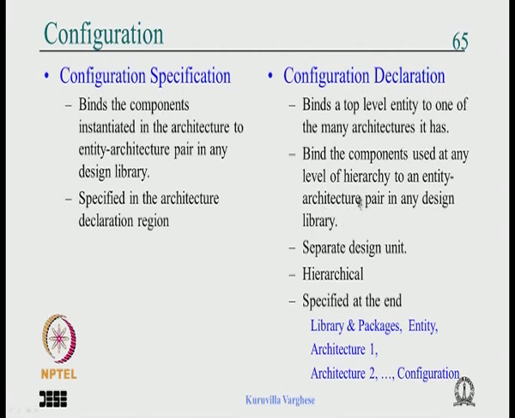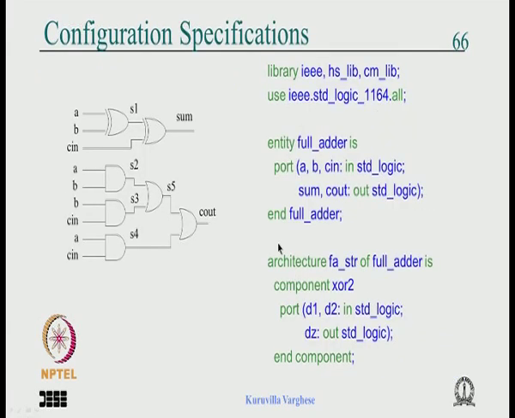So the configuration declaration specifies two things: which architecture to be used by the top level entity, and where the instantiated components come from. So we will see both, configuration specification and configuration declaration.